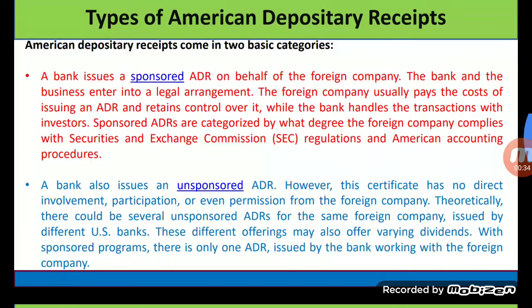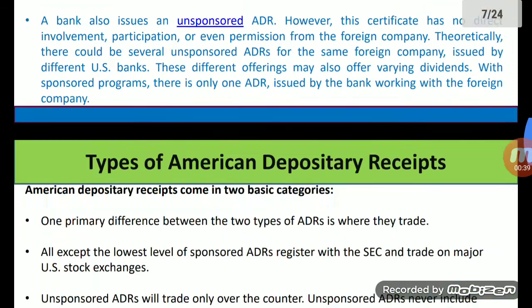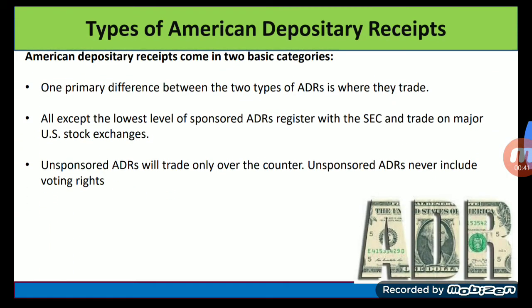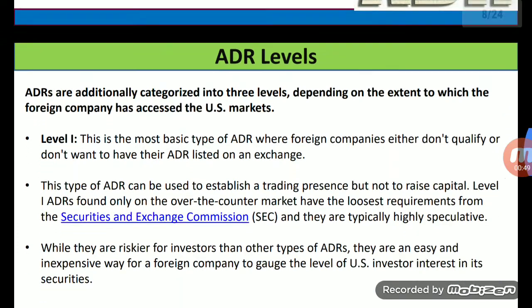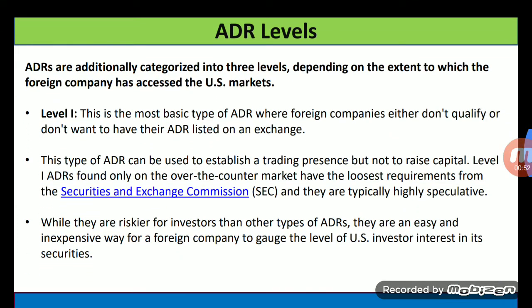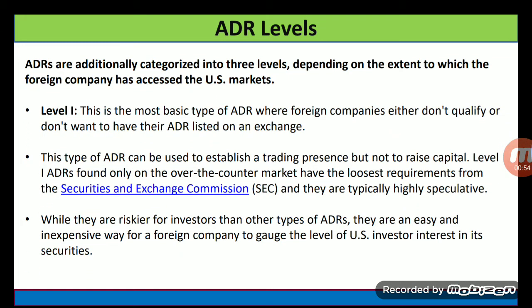There we saw sponsored ADR and unsponsored ADR, the types of American depository receipts, and the main difference between sponsored and unsponsored. Then we discussed level first, level second, and level third American depository receipts.